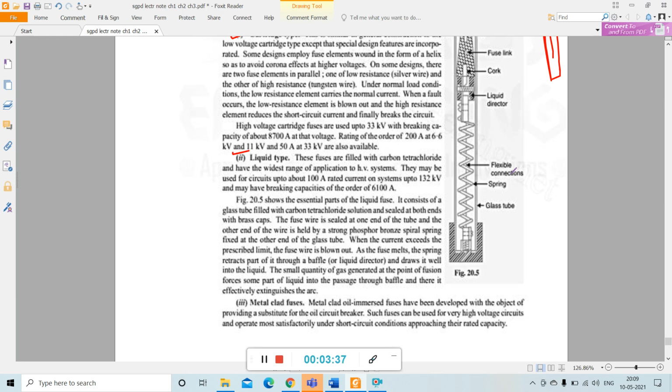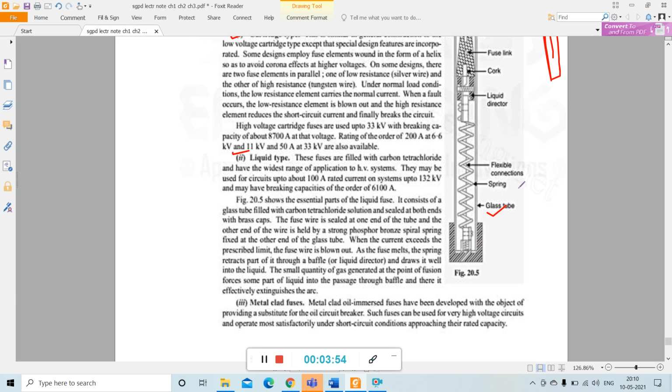What are the essential parts of this liquid type fuse? It consists of a glass tube filled with carbon tetrachloride solution and sealed at both ends.